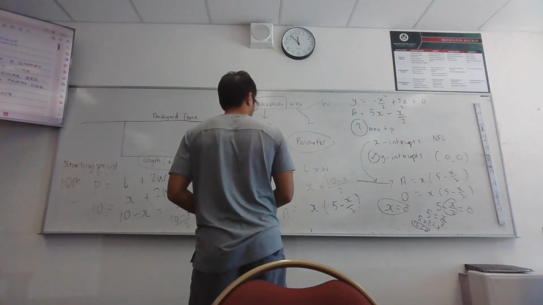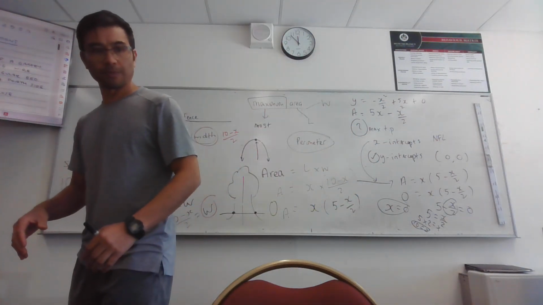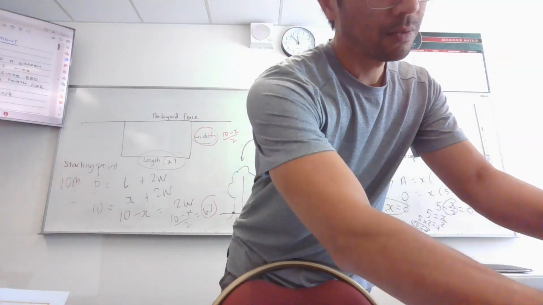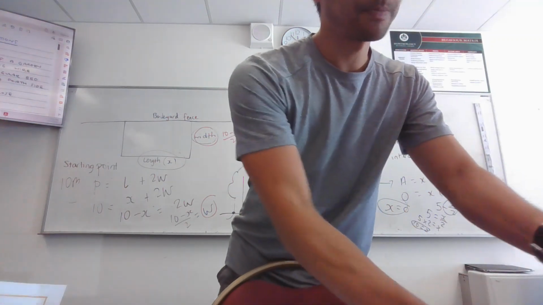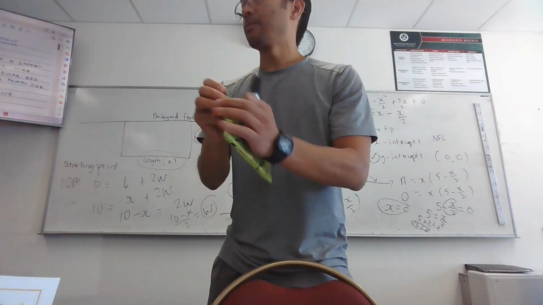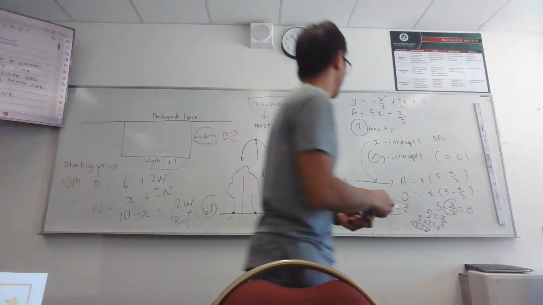So, let's just get my whiteboard out. Let's just wrap this question up. Who's lost? I was finding this bit last. How do I get x equal 0 as well?